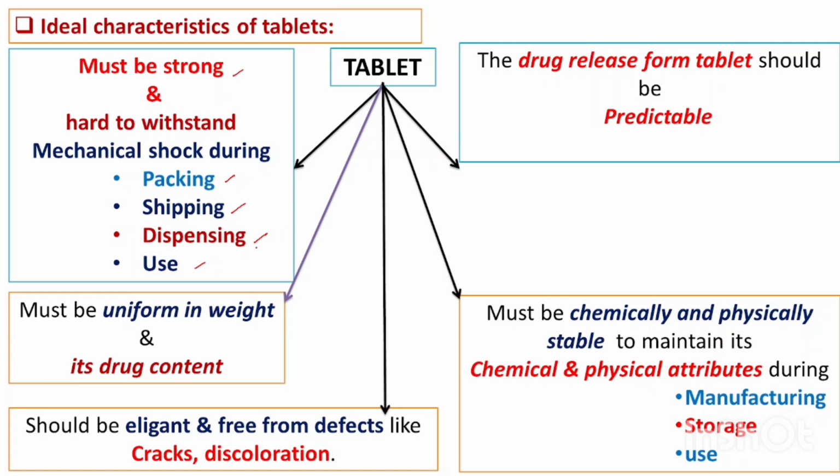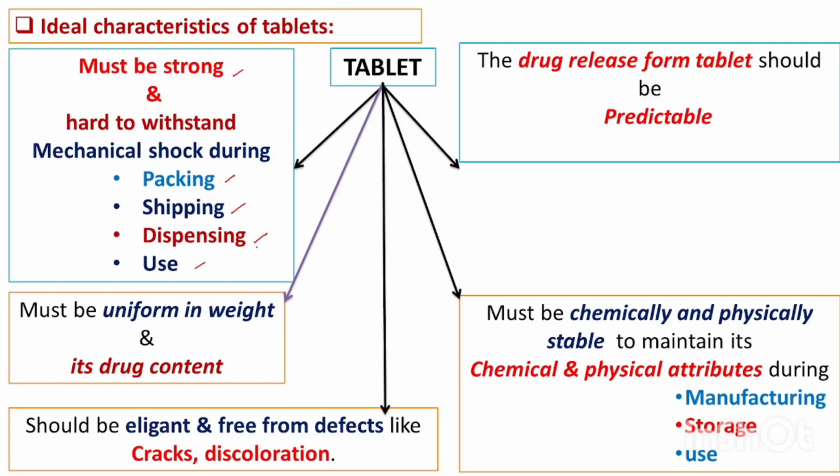If the tablet is not strong enough, it will break down, right? If the packaging is not proper, it may degrade the tablet quality or quantity, and the tablet may also react with environmental factors, which will affect its stability.